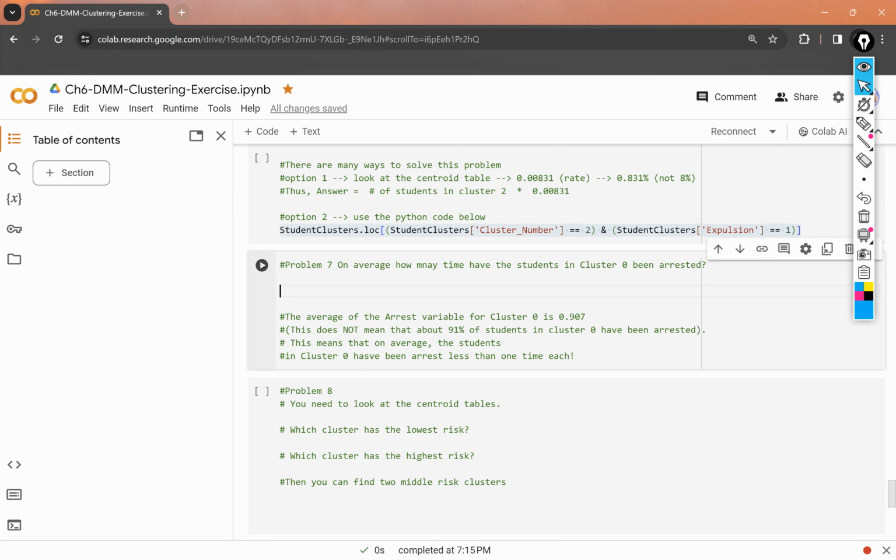So please note that this arrest column could be any value. It is not coded as 0 or 1.